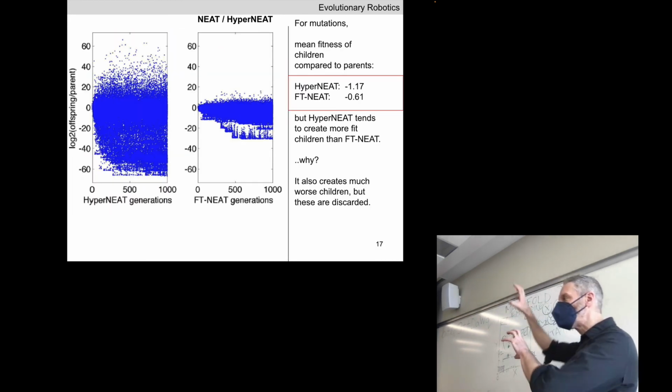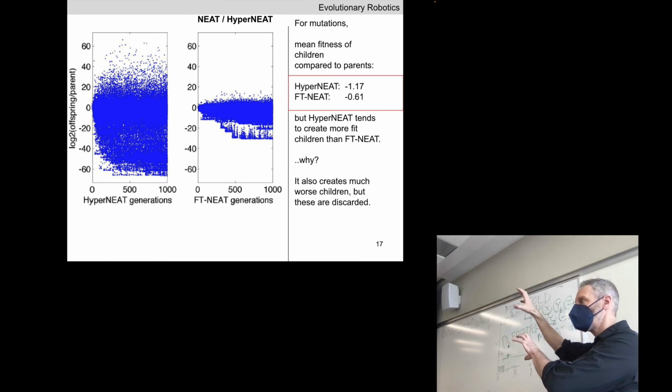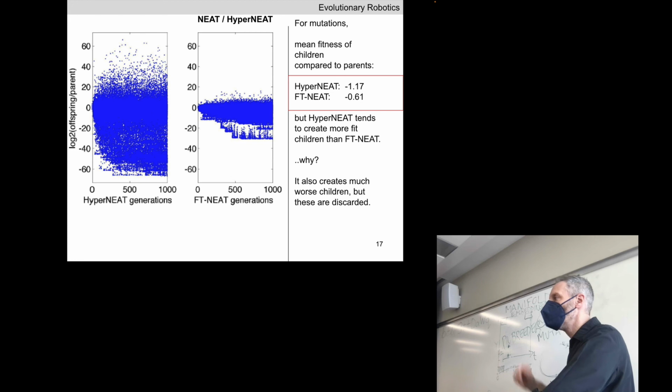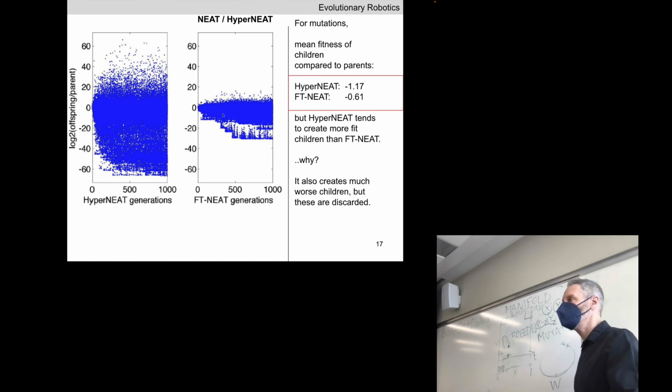If we imagine two versions of that neural controller, the parent neural controller and the child neural controller, they're going to have the same number of neurons and synapses. A mutation can only alter one or a few synapses. What's the overall effect of mutations in FT-NEAT compared to HyperNEAT? There's several differences. What's kind of the most obvious one?